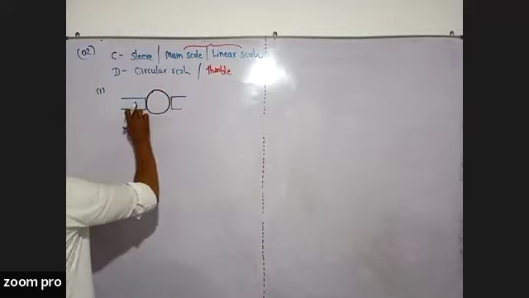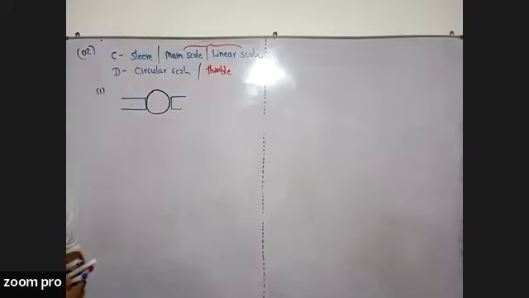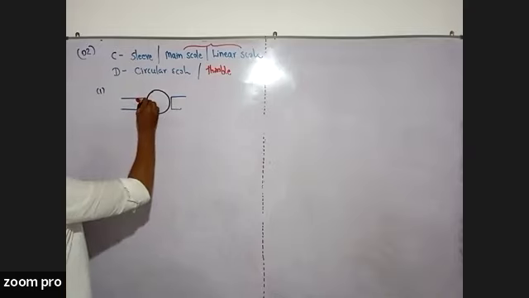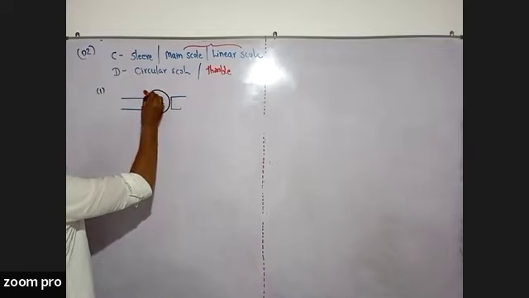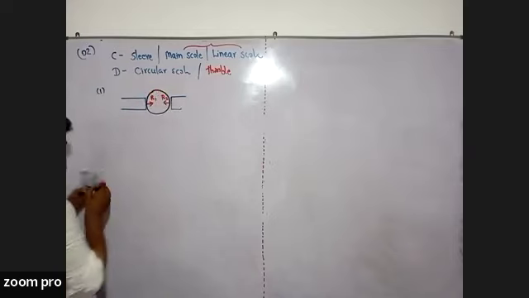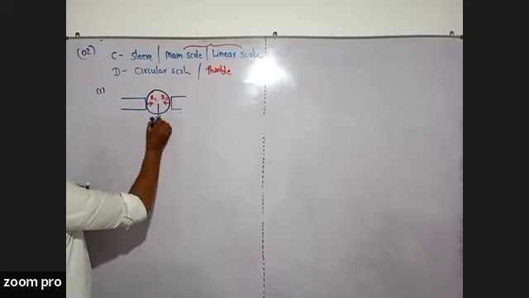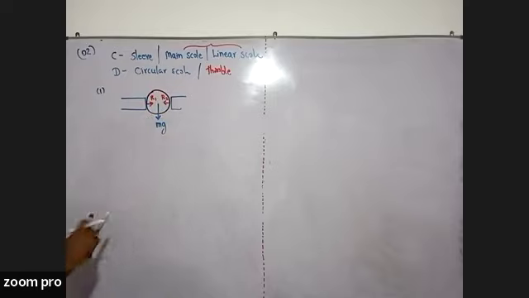The anvil and the spindle exert a normal reaction on this object. One should be marked as R1 and the other as R2. And don't forget to label the weight of this object. These are the forces acting on this spherical object.